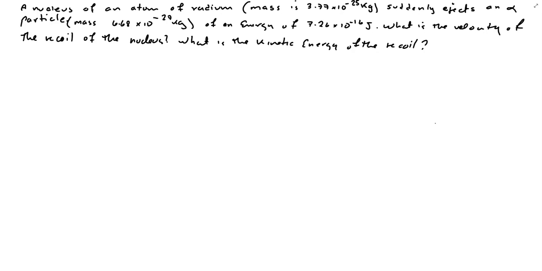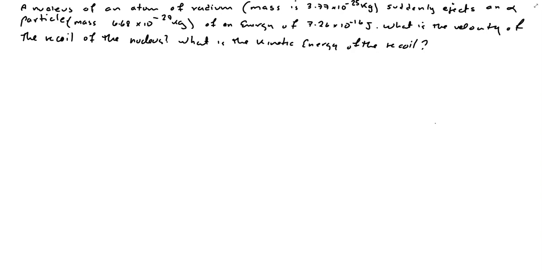The mass of the alpha particle is 6.68 times 10 to the negative 27 kilograms, with an energy of 7.26 times 10 to the negative 16 joules. They ask what is the velocity of the recoil of the nucleus and what is the kinetic energy of the recoil. So basically, we have to solve this problem that is about linear momentum.